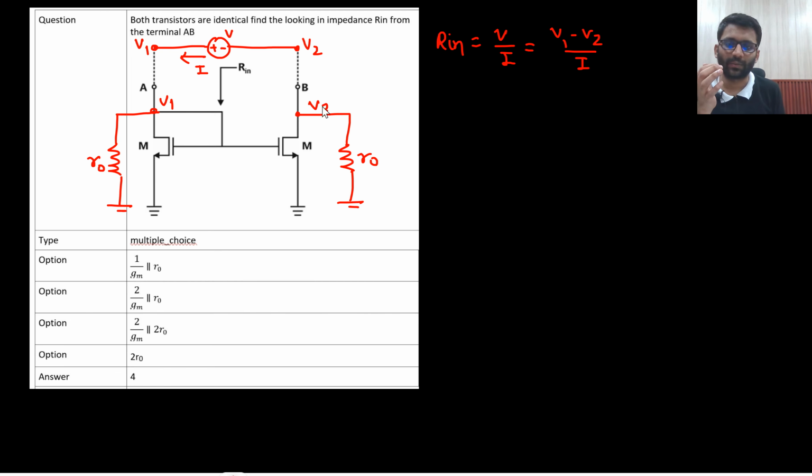This is your V2. Now I need to write down the equation. So this is your I, and here also I am having current I. So my current I is equal to V1 by R0 plus the current in the MOS. The current in the MOS I don't know, so I assume this potential is X. So the current in the MOS would be GMX, and the current here would also be GMX, right?